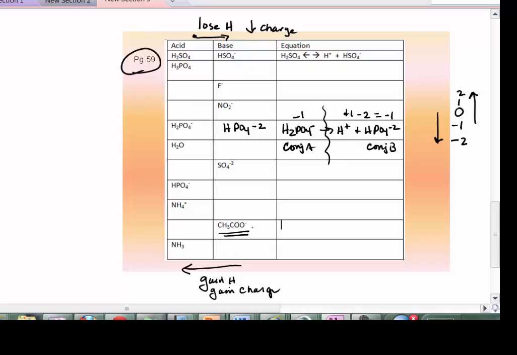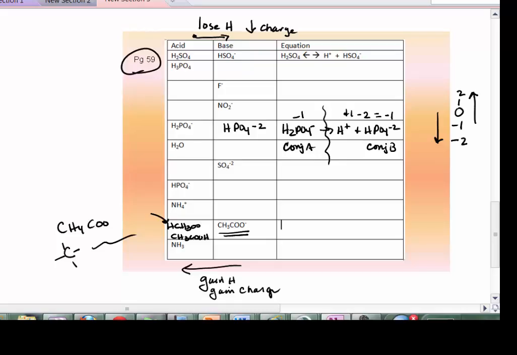Let me take a look at this one right here. This is an organic acid. When it gains a hydrogen, you can put the hydrogen in the front or you can put the hydrogen in the back. But you don't want to write this, because if you see that CH4, you have a carbon with 4 hydrogens around it and it cannot be attached to anything else.